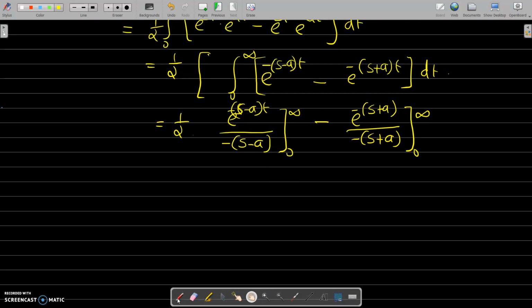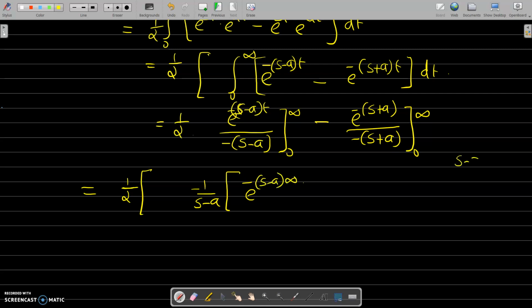So this is equal to minus 1 by 2 into minus 1 by s minus a into e raised to minus of s minus a into infinity.